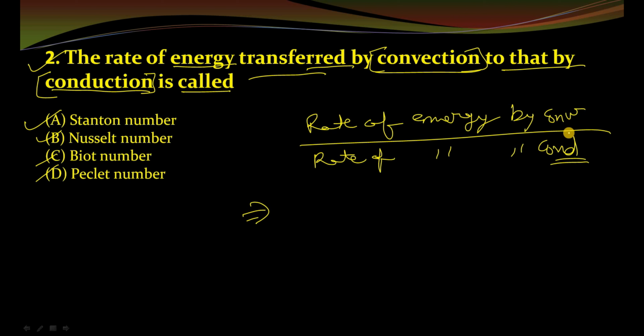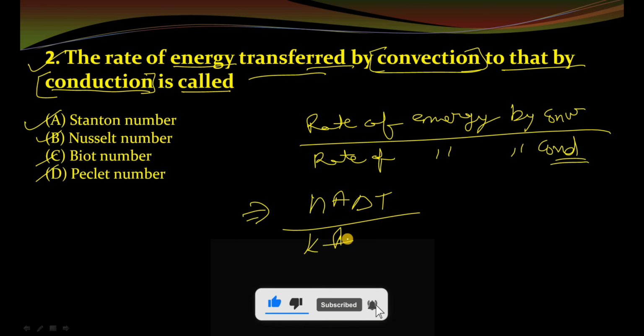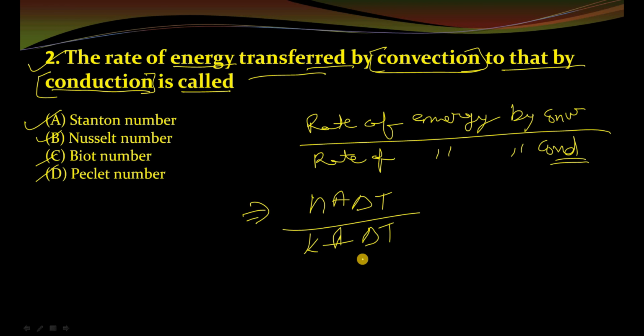For convection, I am writing the formula of Newton's law of cooling, that is h A delta T. And the second one is the rate of energy by conduction, and here I am writing the formula k A delta T by delta X. Instead of writing delta X, I am writing L simply.